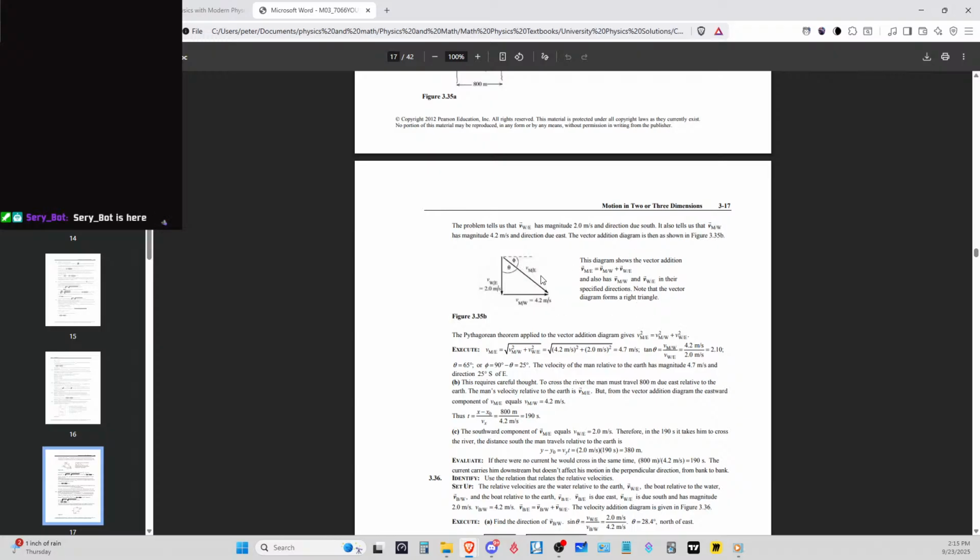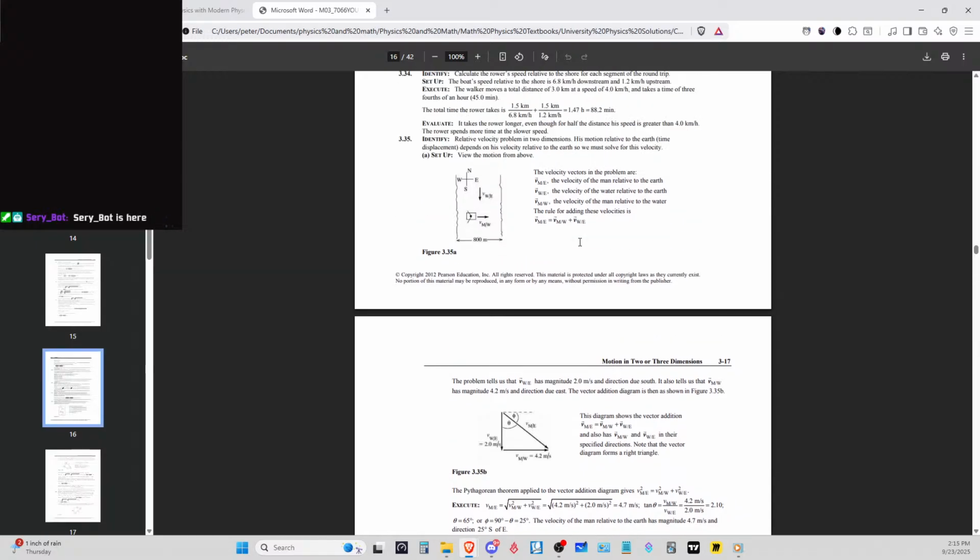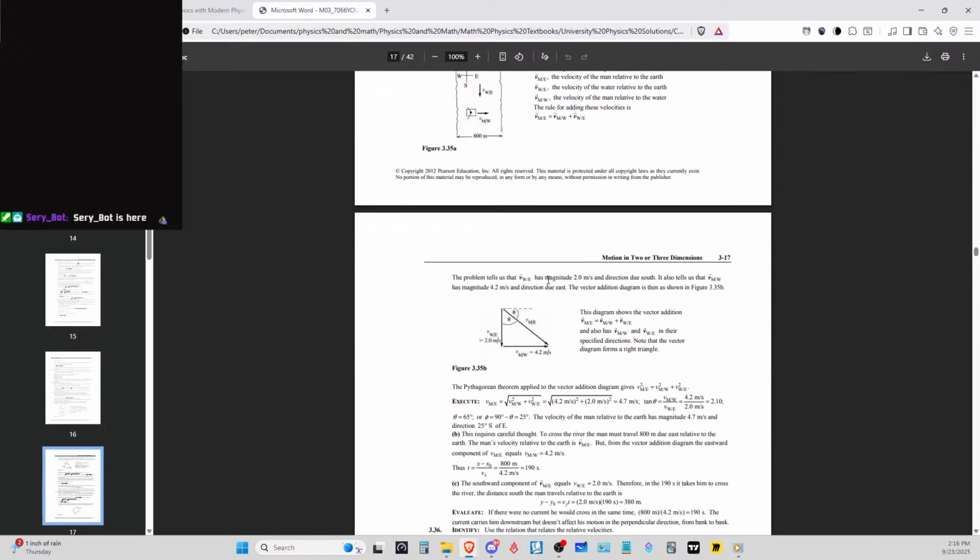So let's see if they wrote a better explanation on how to actually determine which angle is which. It's like the more that we learn together, right? This diagram shows that the vector addition from the motorboat to the water and the water to the earth also has their specific directions.